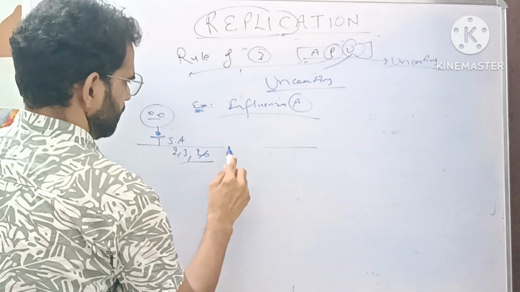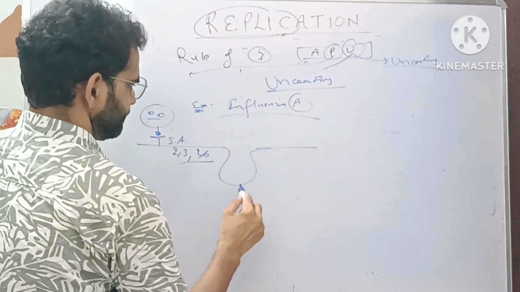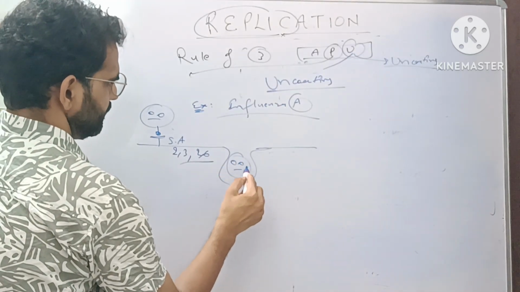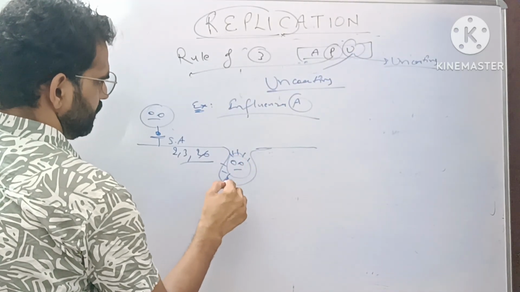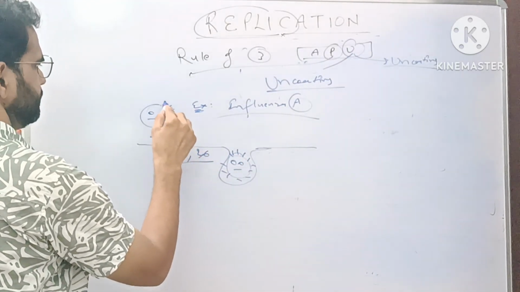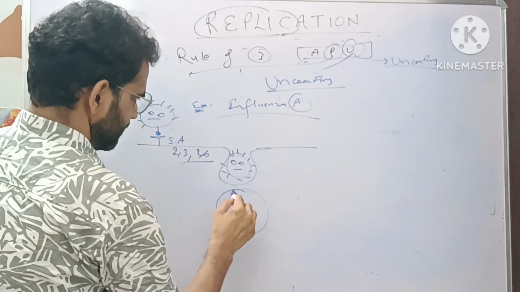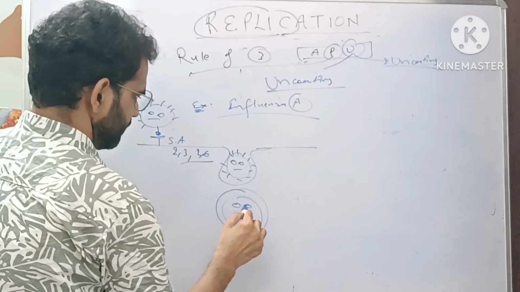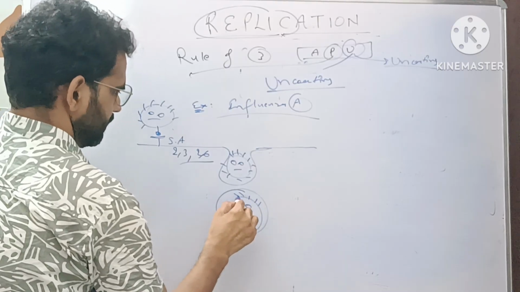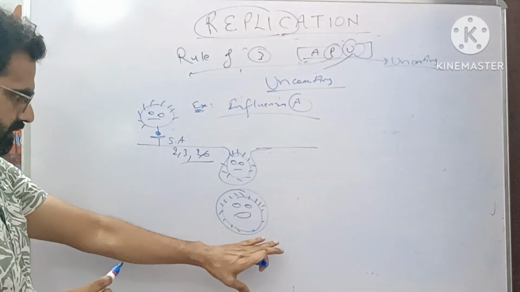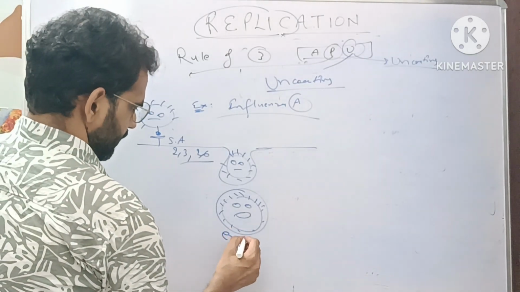Then what happened? Clathrin mediated endocytosis. Then it comes inside, like this. This structure is endosome.